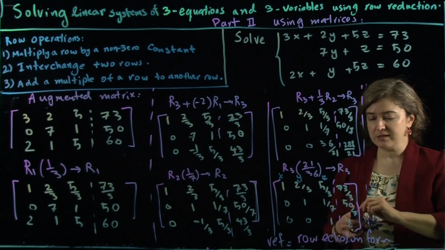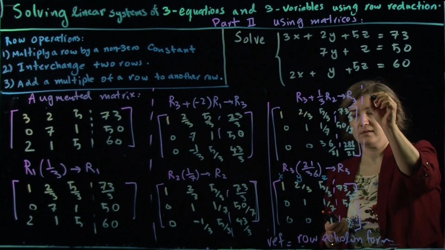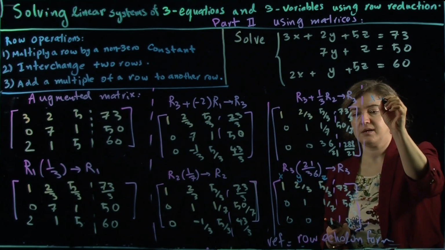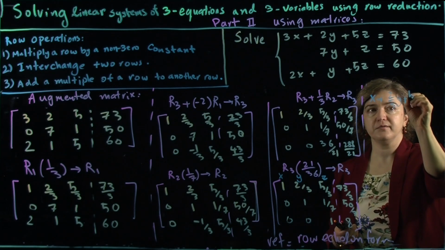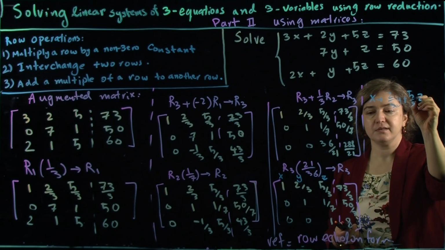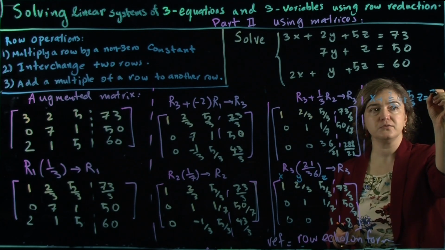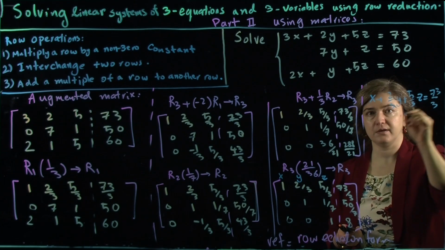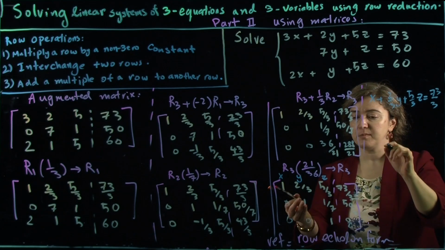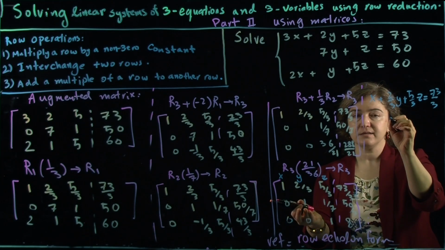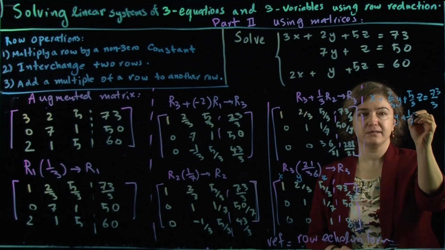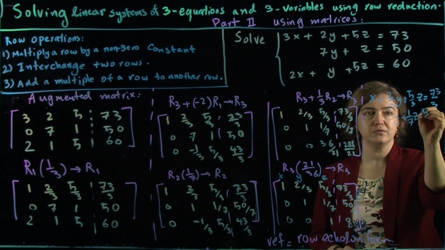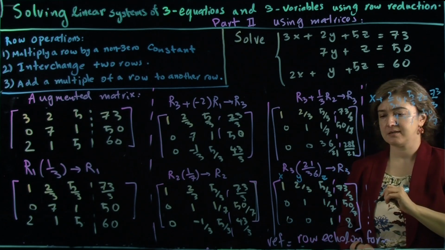So it gives me 1 times X plus 2/3 of Y plus 5/3 of Z equal to 73/3. This row gives me 0 times X, Y plus 1/7 Z equal to 50 divided by 7.